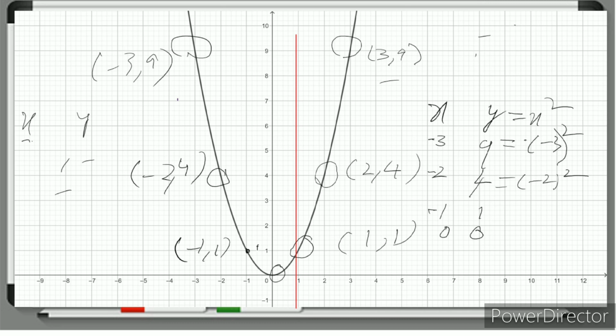So if I take the value of x as 1, I get the value of y as 1. If I take the value of x as 2, I get y value 4. If I take the value of x as 3, the value of y is 9.